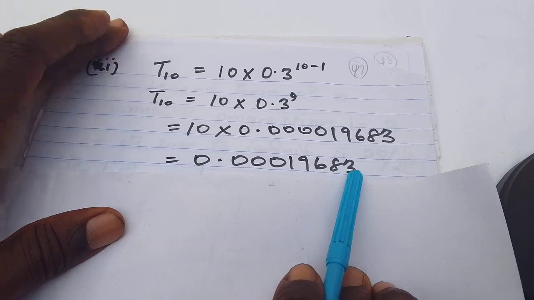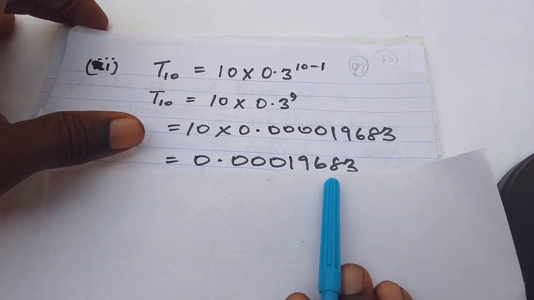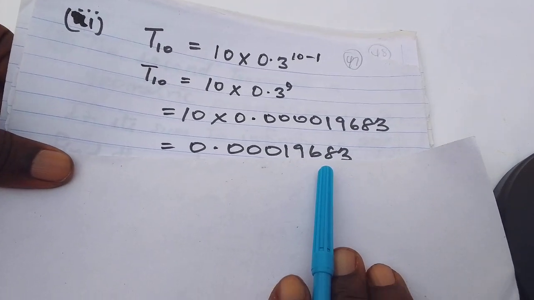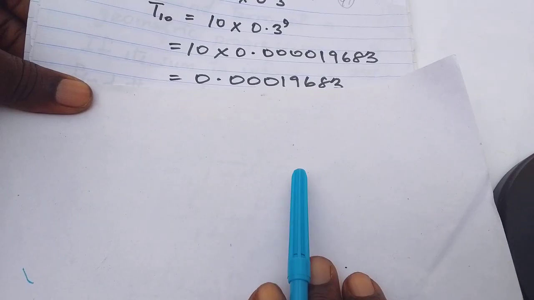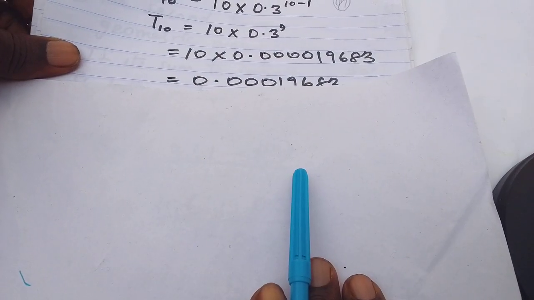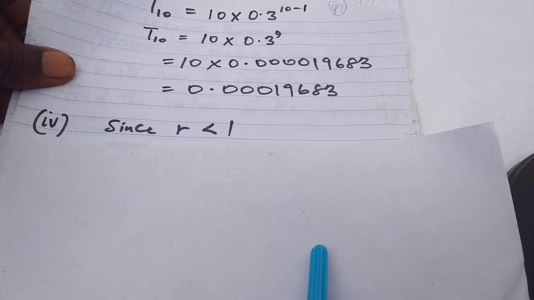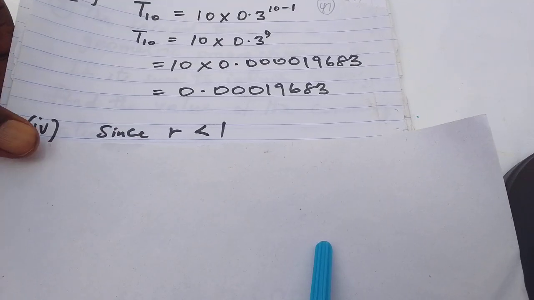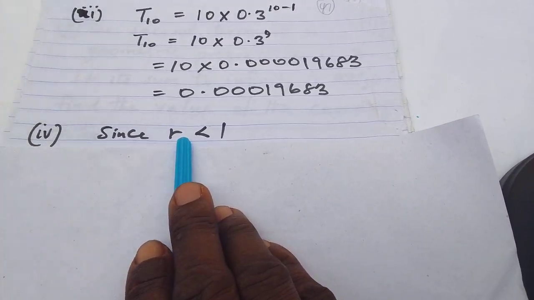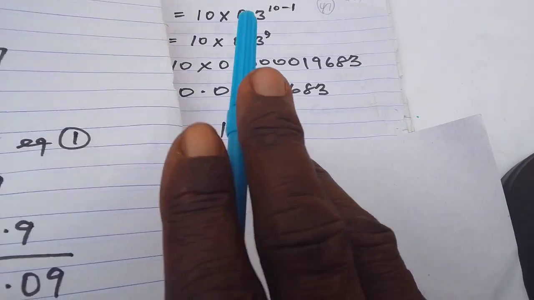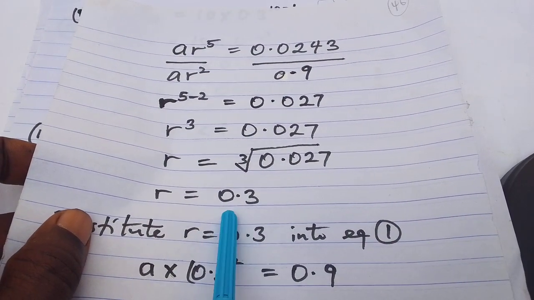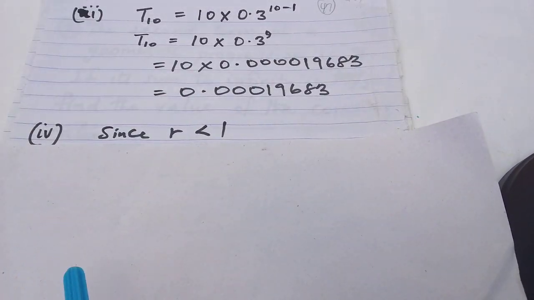Then the fourth part of the question says we should find the sum of the first 10 terms of the sequence. Here you realize that the common ratio is 0.3, which is less than 1.